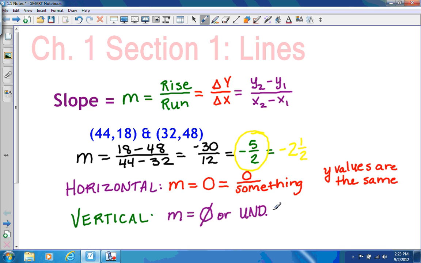And in that case, you would have some value over 0. And our x values would be the same.